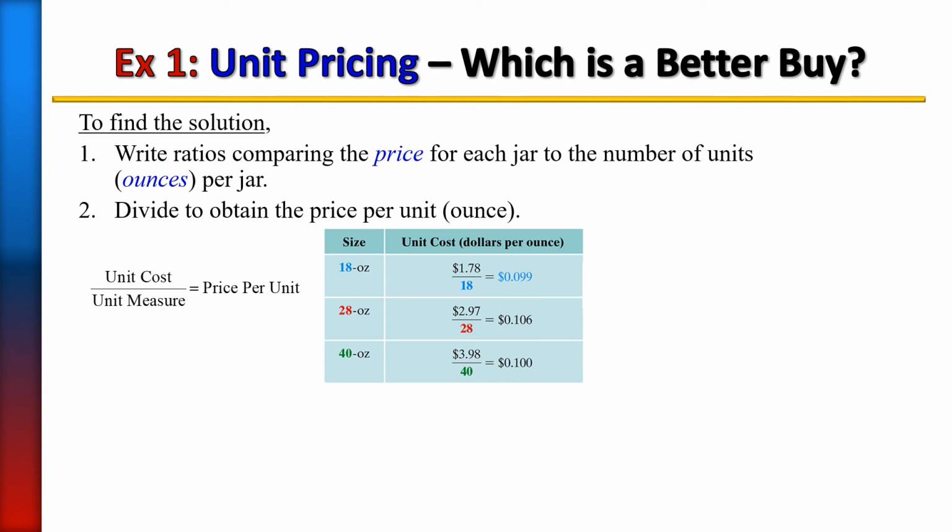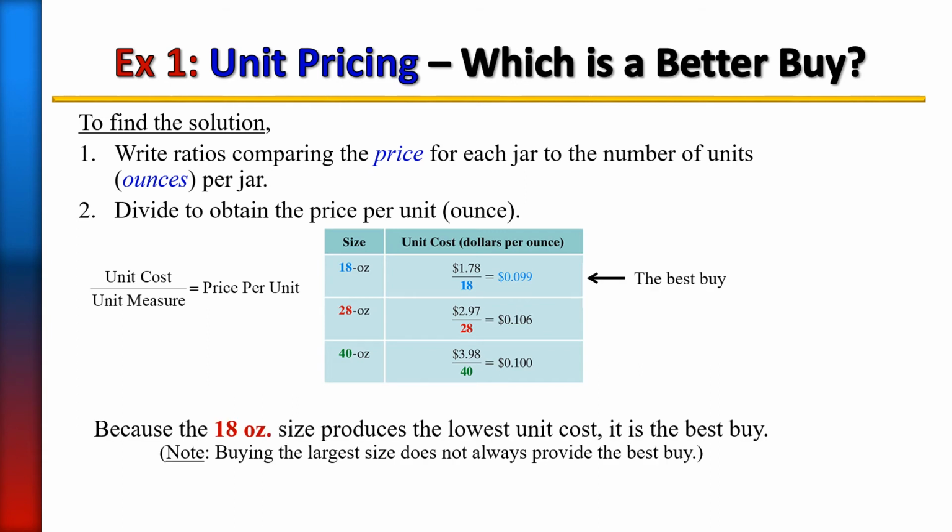The next better buy would be the 40-ounce, the larger size. And then the least best buy would be the 28-ounce because that unit price is higher than the others. So our best buy in this case is the 18-ounce size.